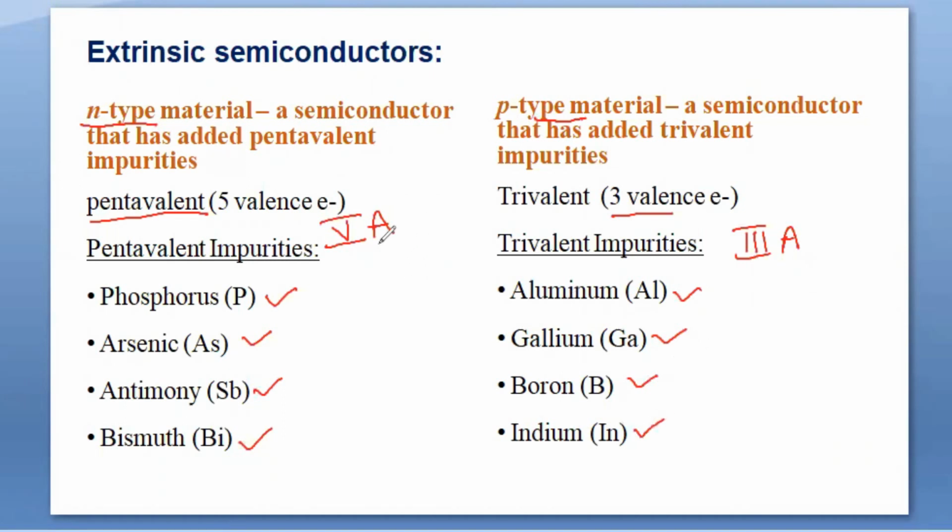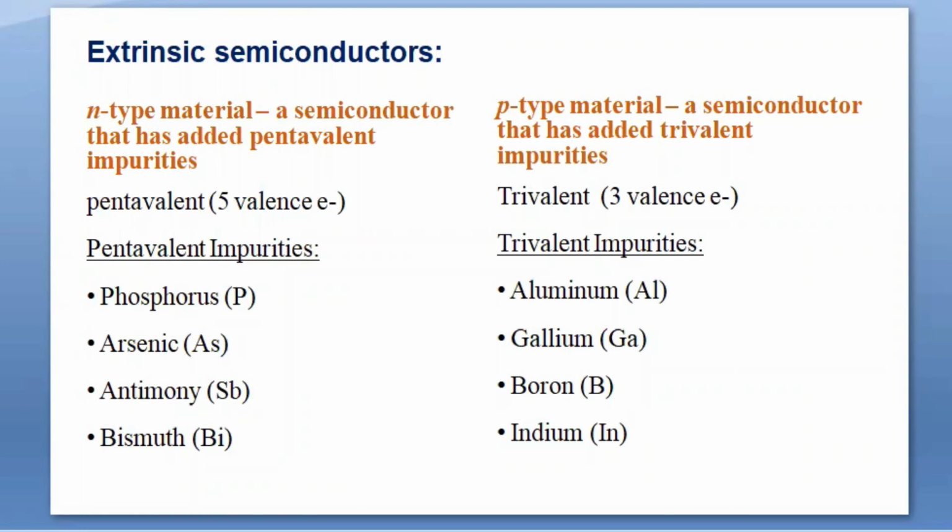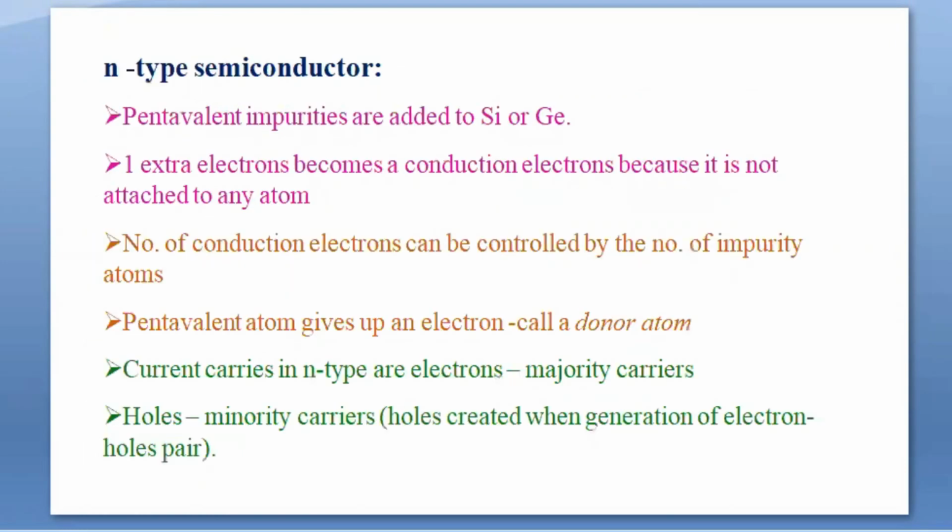So what happens inside the pure semiconducting material when these impurities are added? In N-type semiconducting material, as we discussed, pentavalent impurities are added to our pure semiconductor.